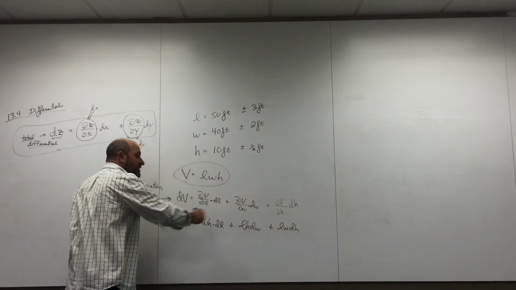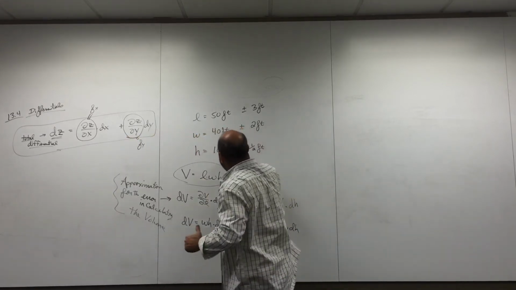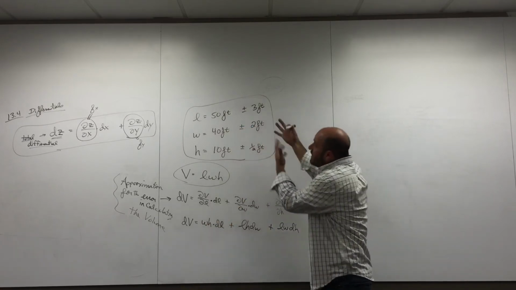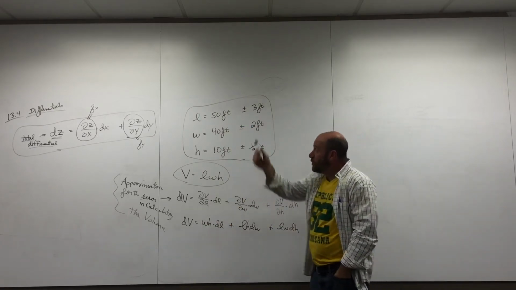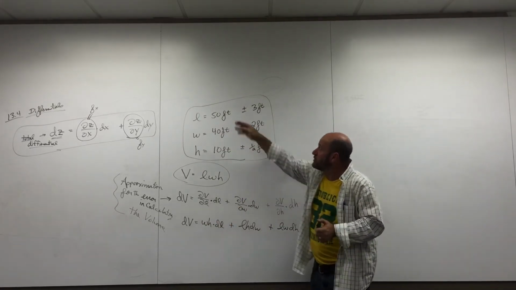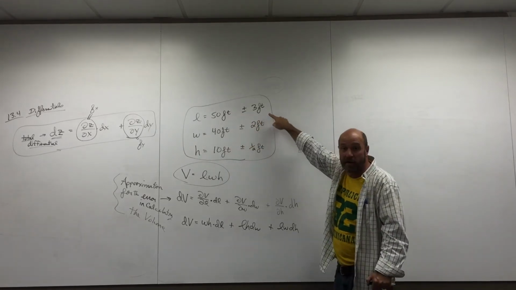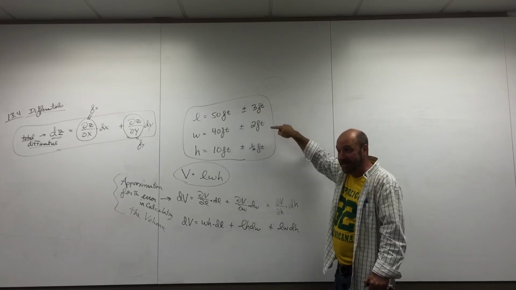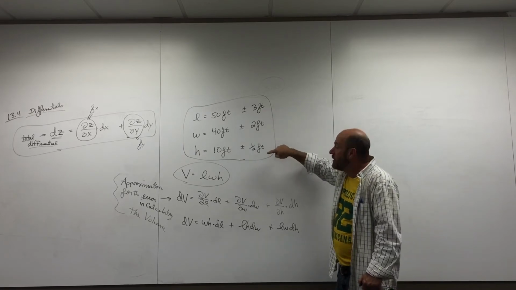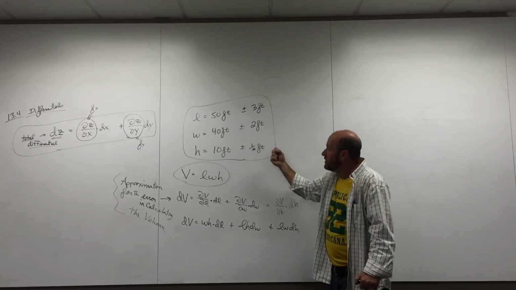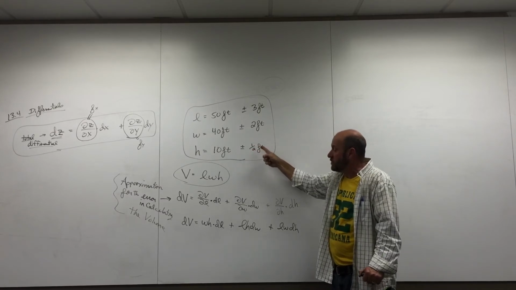Hey, you guys, we can fill in these numbers. Up above, I gave you this. Now, what did I give you when I gave you that? The actual L, W, and H are those measured values of L, W, and H. What do you think these errors are? That's my dL, my dW, and my dH. And maybe they come with these little plus or minus symbols attached to them.